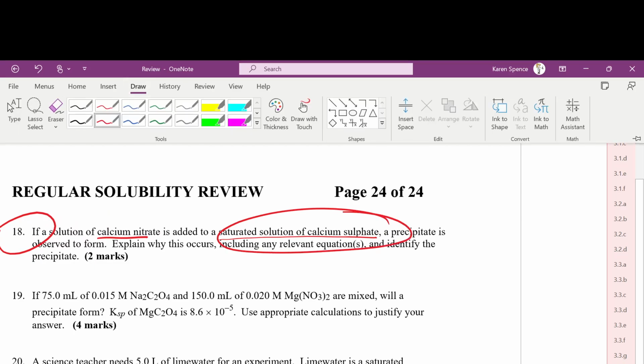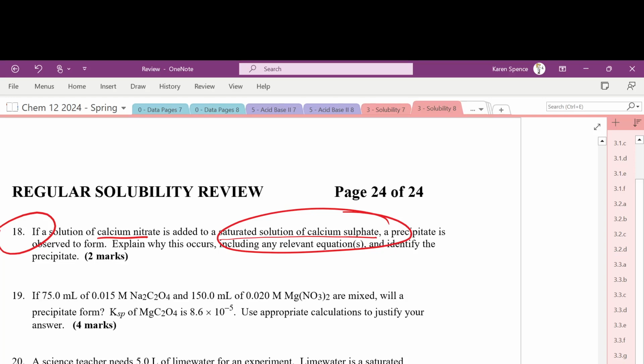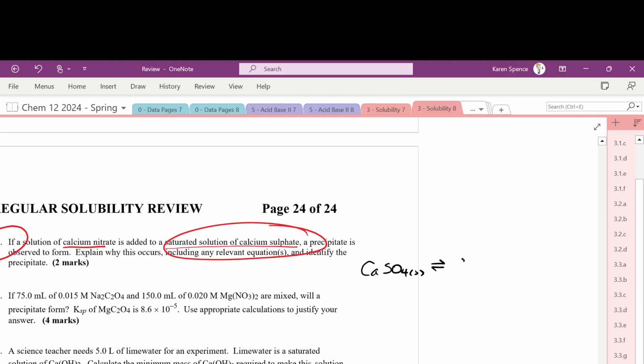So I would say relevant equation, solubility equilibrium equation for calcium sulfate, CaSO4 solid in equilibrium with Ca2 plus SO4 2 minus. Now, to that we add calcium nitrate.